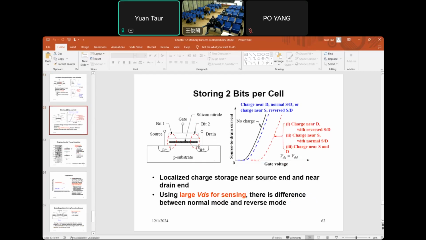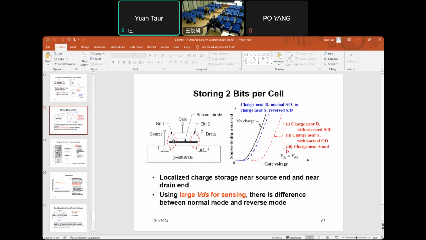Either there's no charge on either side, or there's charge on left but no charge on right, or no charge on left but charge on right, or both left and right have charge. We can see that these 4 states can be measured by measuring the IV curve with the source and drain reversed.